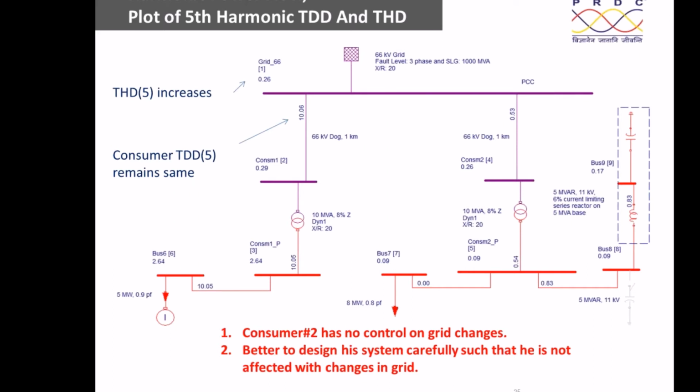When there is a series resonance condition, it may so happen that the capacitor bank is absorbing all the 5th harmonic current. Therefore, it can fail. There can be over voltage, insulation degradation, and also overheating.